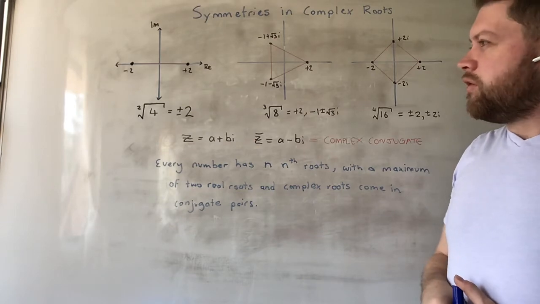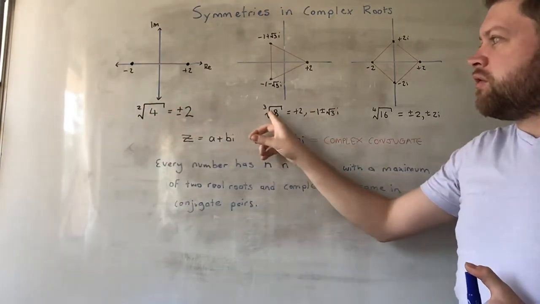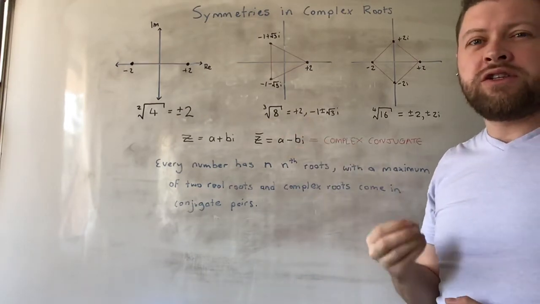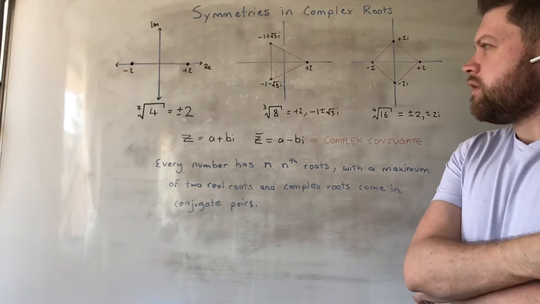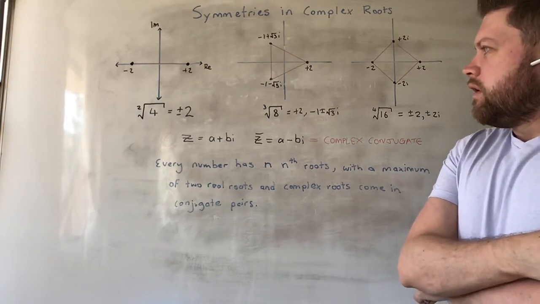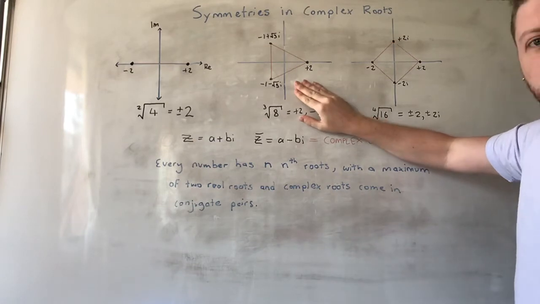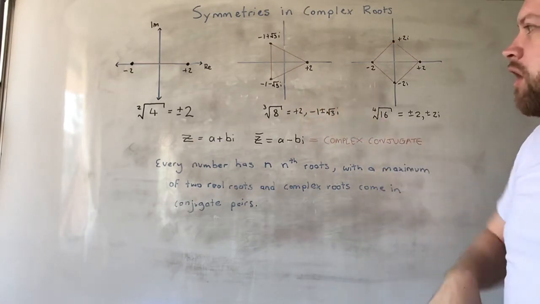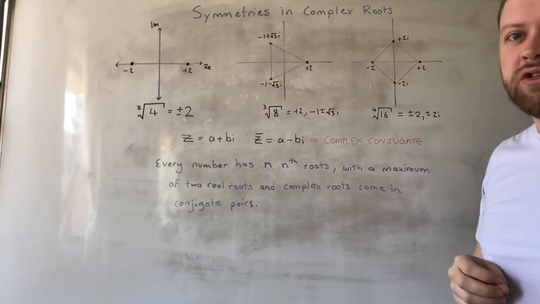Okay, you'll notice that with the square root of 4 there were 2 answers, and with the cube root of 8 there are 3. This highlights a general rule in mathematics, okay, which we'll come to in a moment. Yes, you could of course restrict yourself to real solutions, and that's what we normally do. But if you allow complex solutions, these patterns emerge.